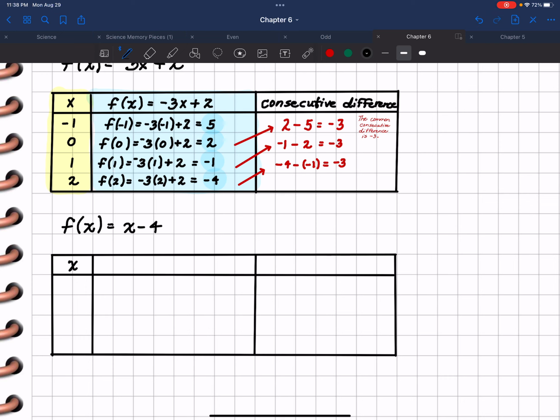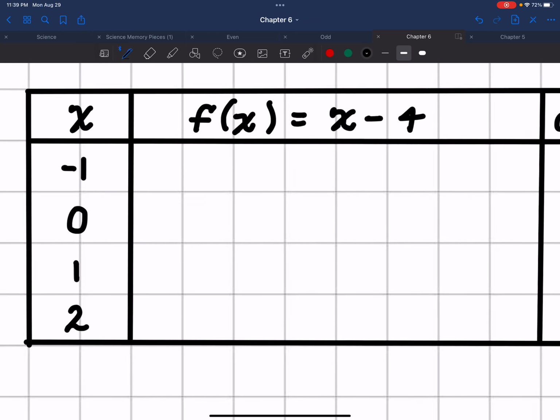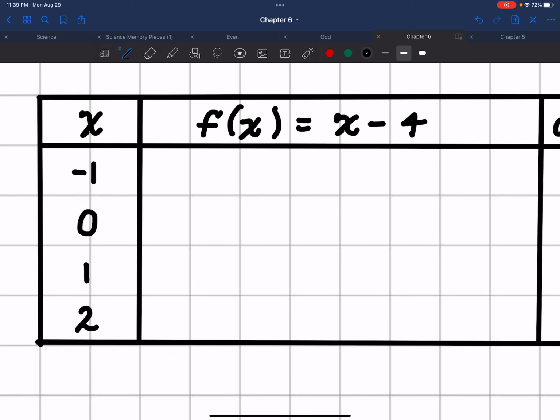So my x's, I'm going to use the same ones I used up there. My function is this. And then here we're going to put our consecutive difference. We don't know if it's common yet or not. We have to see it to know if it's common. But for right now, all I'm worried about is this part.